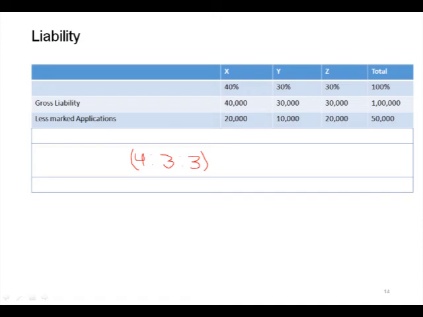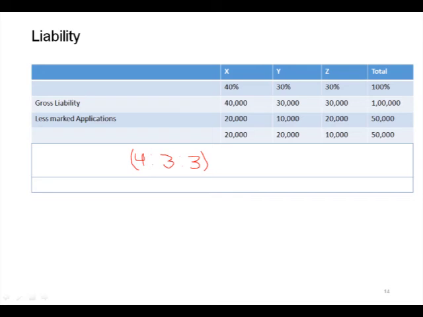Whatever is subscribed through the underwriters X, Y, Z are the marked applications: X 20,000, Y 10,000 and Z 20,000. Total subscribed through the underwriters is 50,000. So liability remains with X 20,000, Y 20,000 and Z 10,000, and the total is 50,000. Now we are concerned with the unmarked applications.